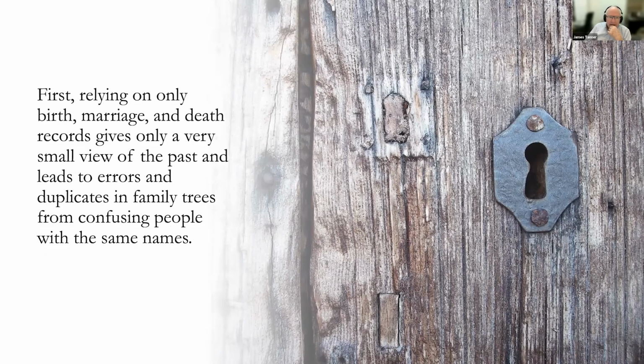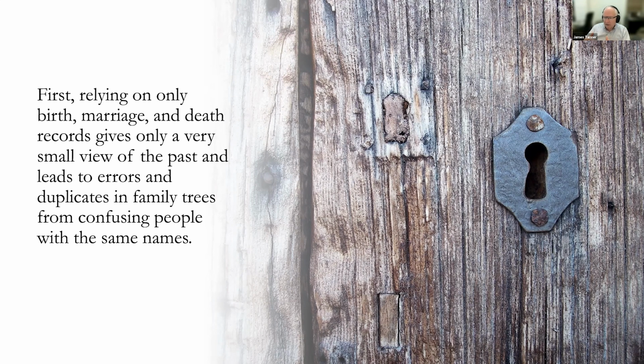From a historical standpoint, relying on birth, marriage, and death records gives only a very small view of the past and leads to errors and duplicates. It's probably one of the most common reasons why there are duplicate records.